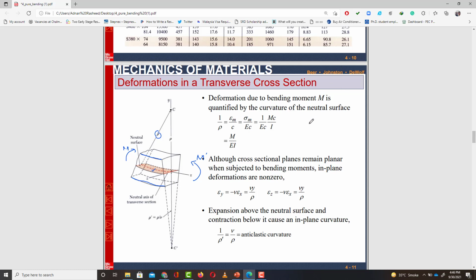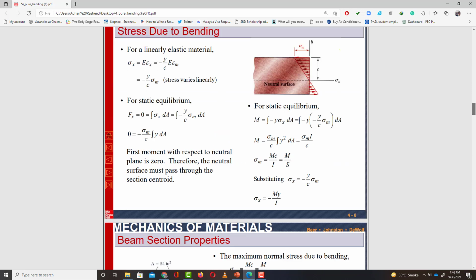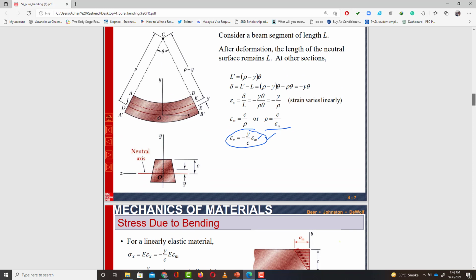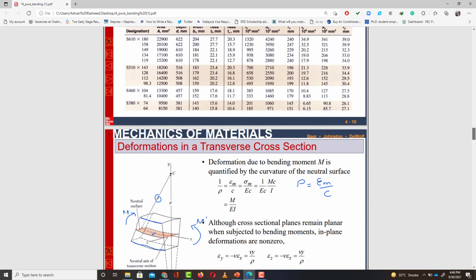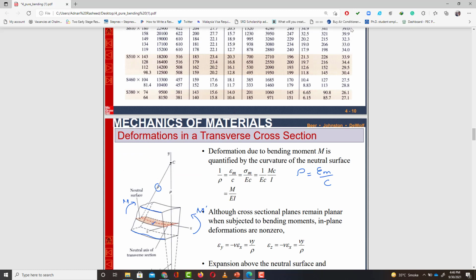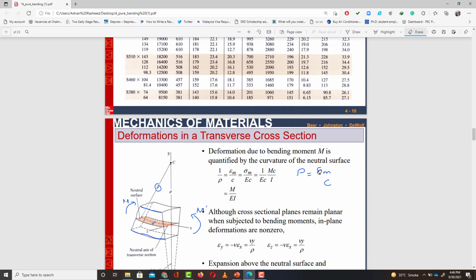From that we discussed that the radius of curvature rho was equal to c over epsilon m. Let me correct it. You have to memorize it as well.